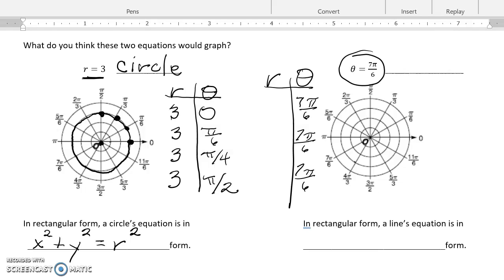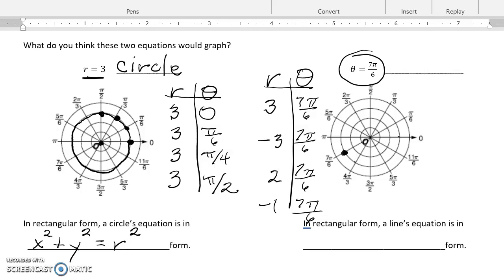Let's just take a few. Let's say my radius is 3. How about negative 3? How about 2? How about negative 1? Okay, so my radius is 3, starting at the pole, 1, 2, 3, and 7 pi over 6 would be right here.